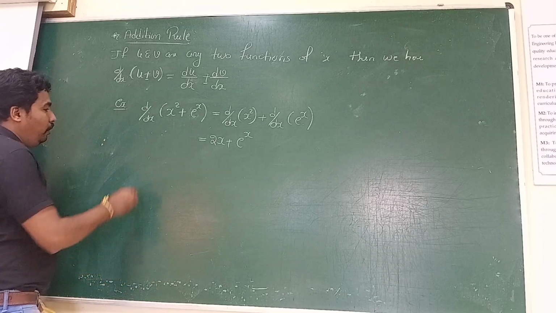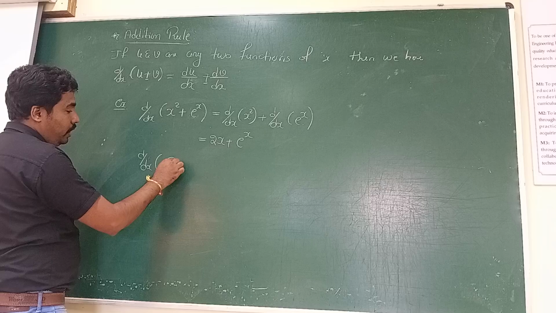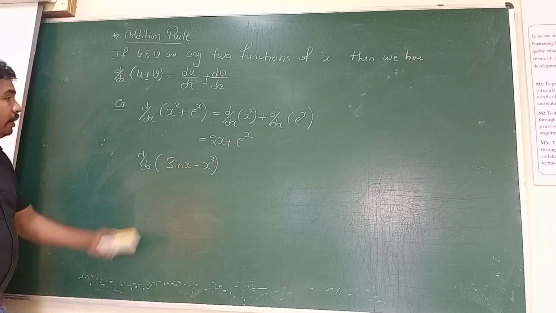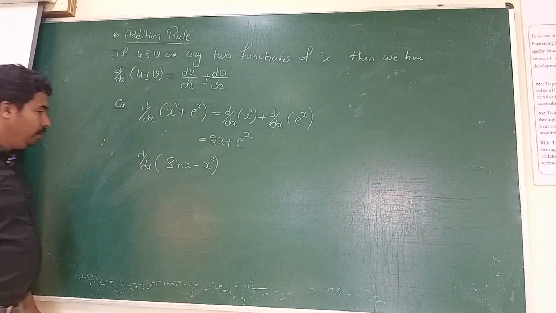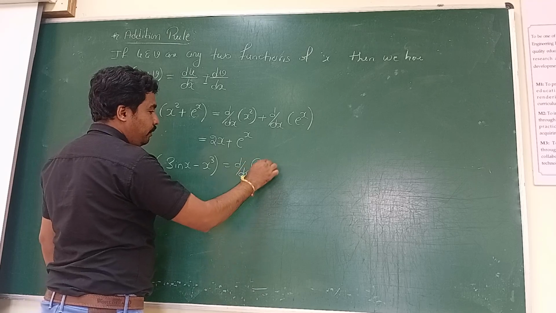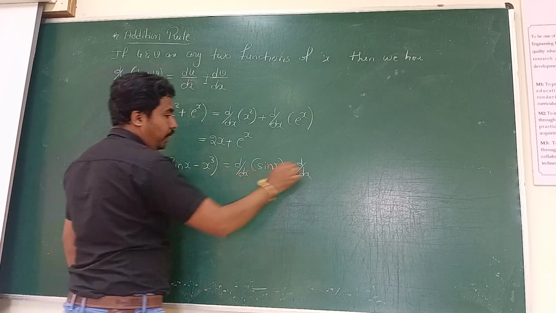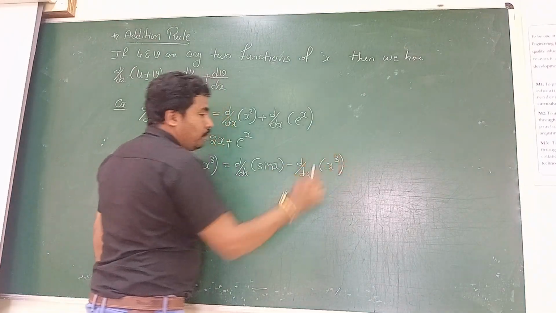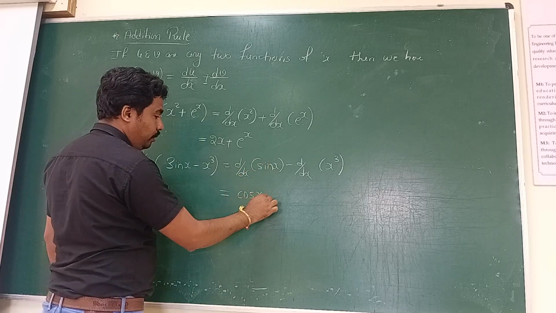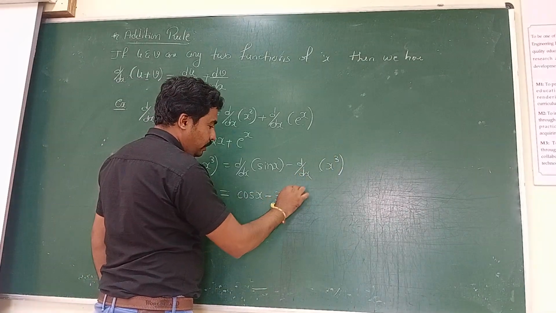Okay. Now I'll take one more example. Differentiation of sin x minus x cube. I have taken plus here, I have taken minus here. If we operate separately, it is differentiation of sin x minus differentiation of x cube. So differentiation of sin x will be cos x minus differentiation of x cube, which becomes 3x square.